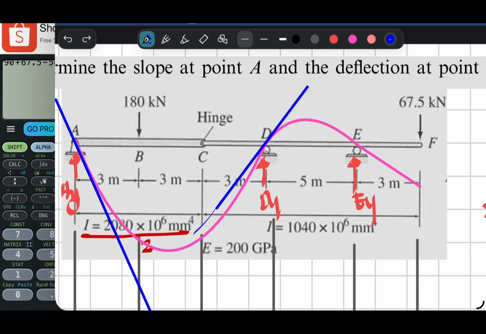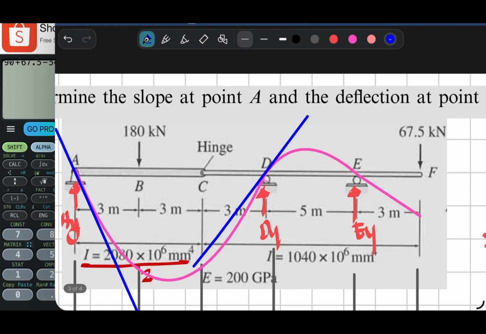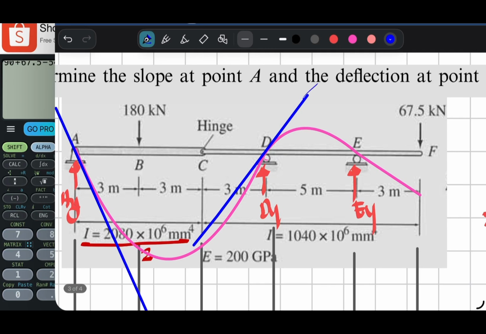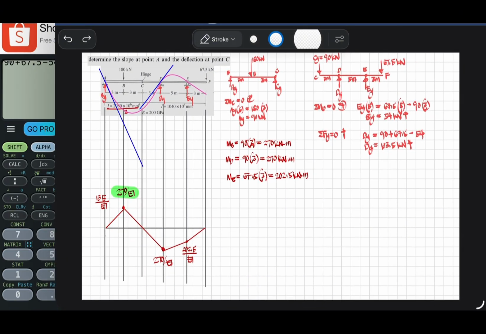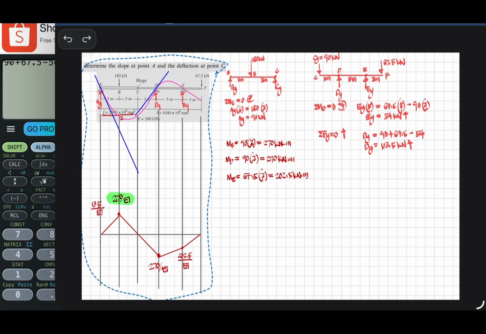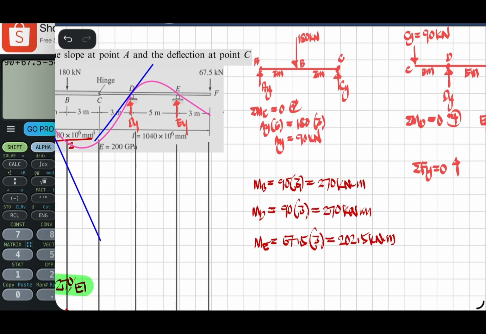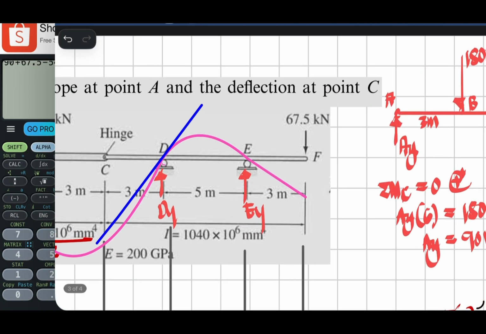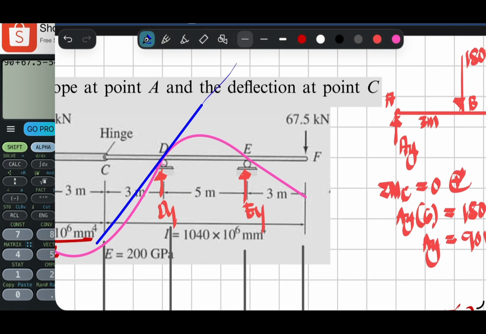Project pa rin na to. Suppose. Okay, so this is the tangent line at point D. Para mas ma-extend na to ang tangent line sa D. Okay, magamit natin siya later.